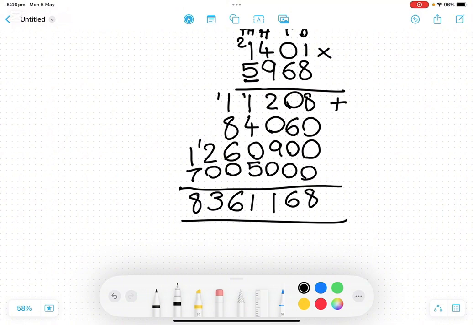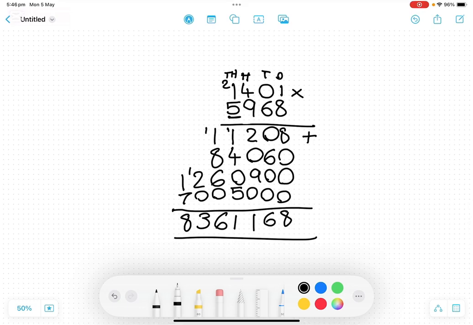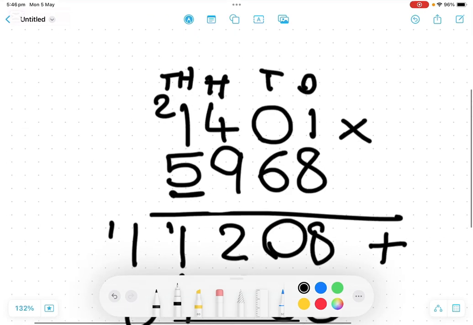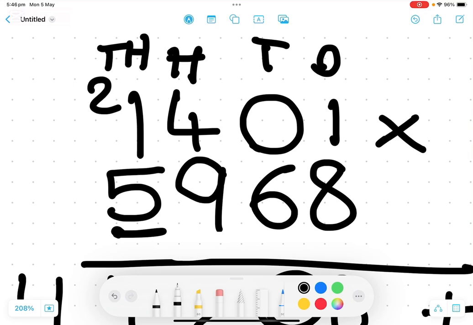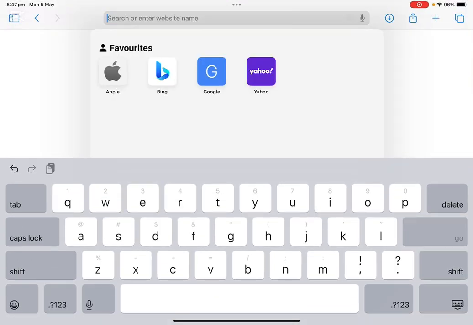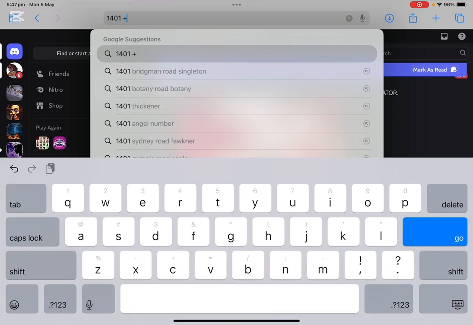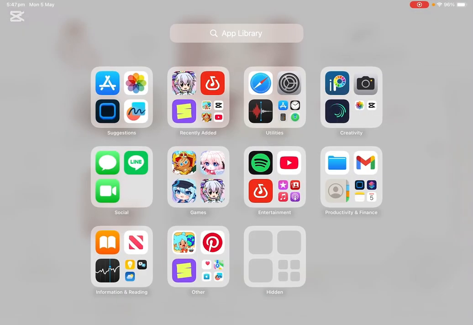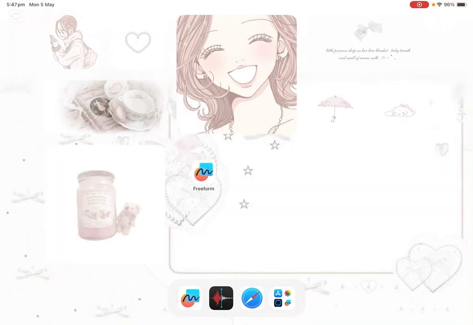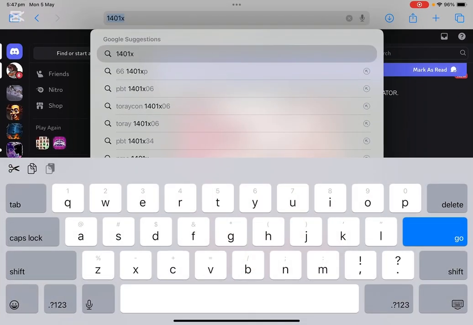Now, just to be sure, we are actually going to jump onto Google and check my calculator, just to make sure. So we hop onto here and put in our sum. 1,401 times, what did I have? 5,968.